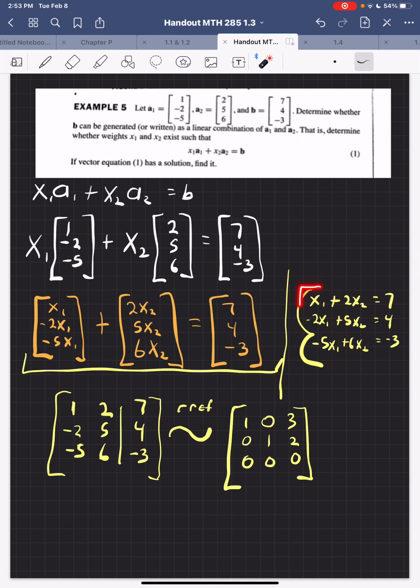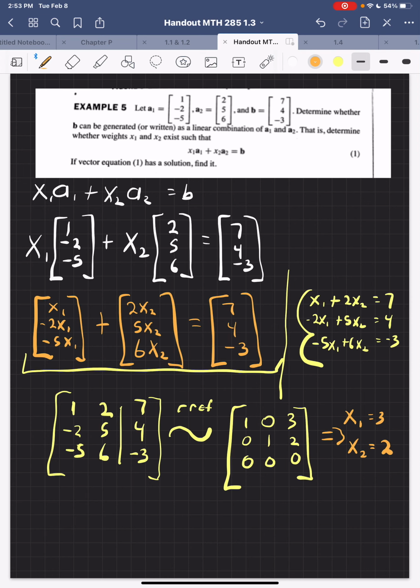So anything in column 1 is dealing with x sub 1. Anything in column 2 is dealing with x sub 2. Right? Now, with that in mind, let's make sense of this. So we translate this to mean x sub 1 is equal to 3, x sub 2 is equal to 2.